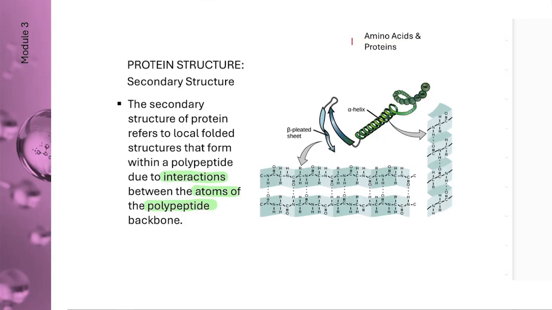So a very good example is what we call the alpha helix. If you look at the alpha helix, a very good way to demonstrate it is a structure that looks like a helix, and obviously you have different amino acids.